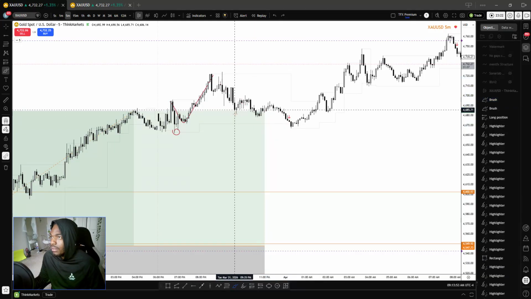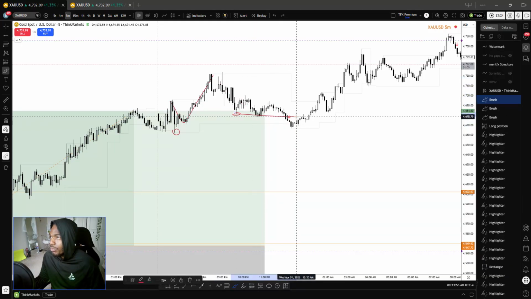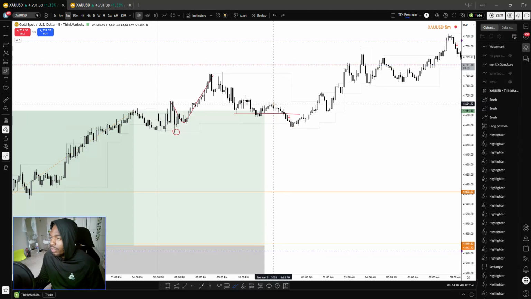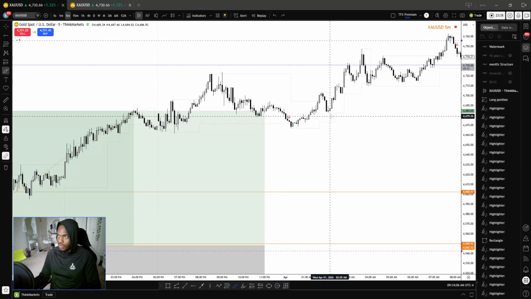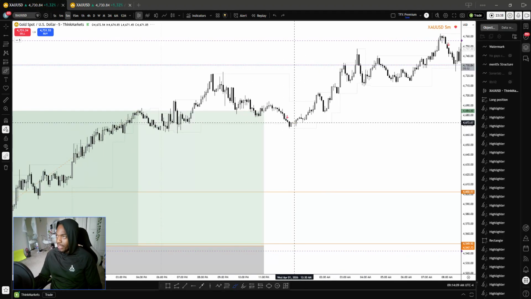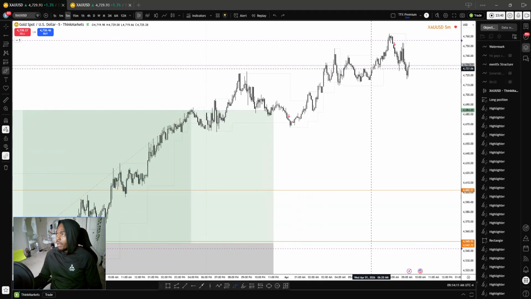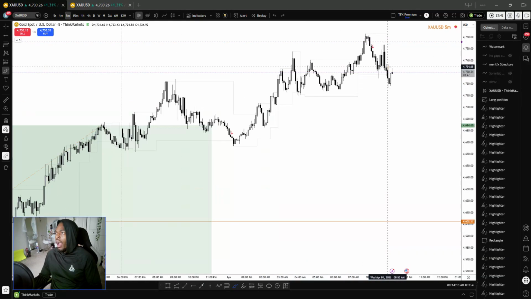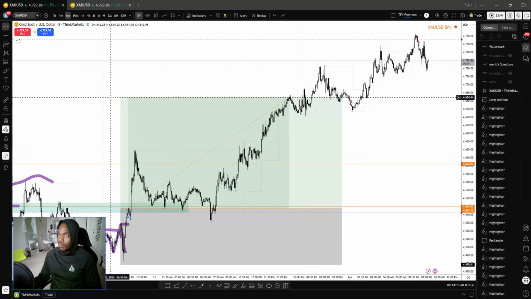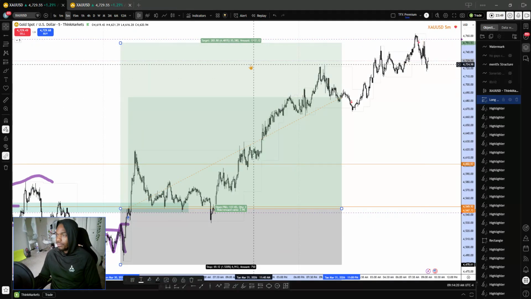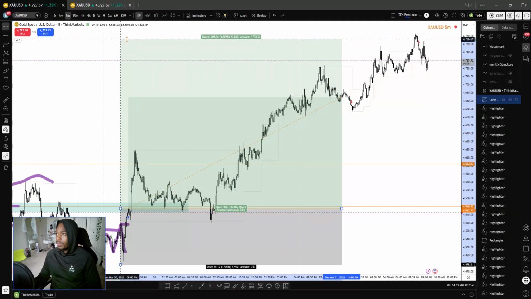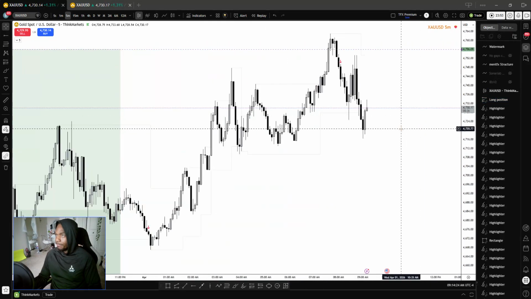It kind of made not a real low, but it made like this little point right there, broke it, came back up, and then came back below it again and started to dig lower. And so I was like, okay, I'm just gonna close a part of this now, because I was trying to secure what I have on this trade as profit. And then when I woke up this morning, price was back up here, and that's at my 1 to 3. So I just closed the rest of the trade at this 1 to 3, 1 to 2.95. But anyway, 1 to 3 is what I was targeting.